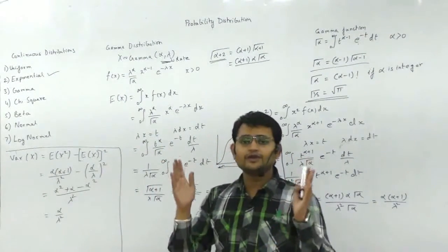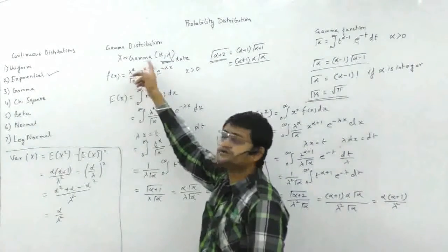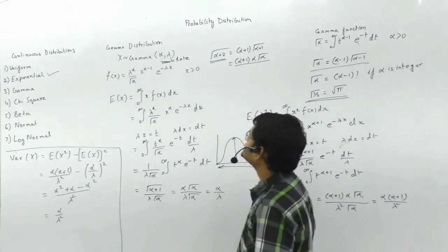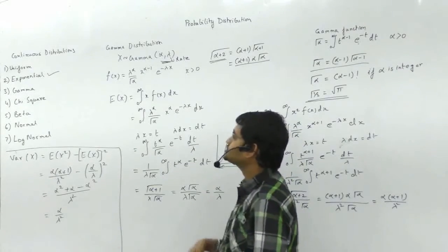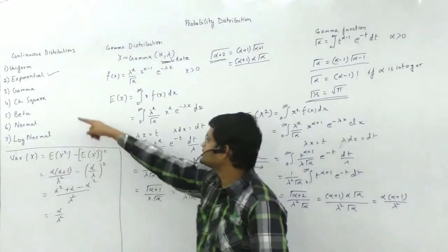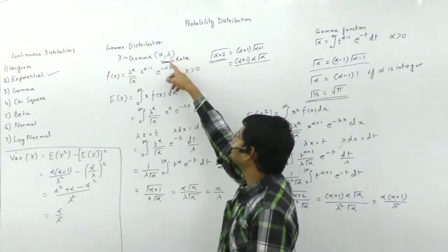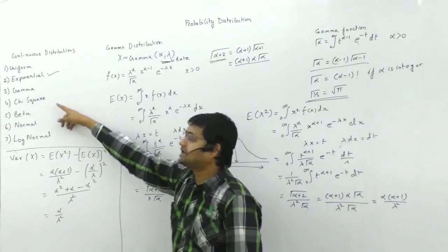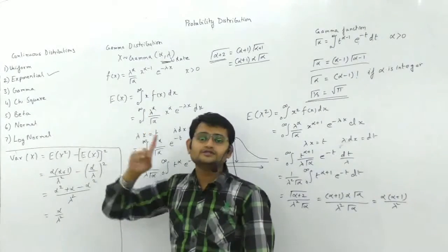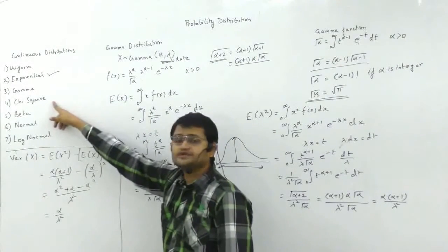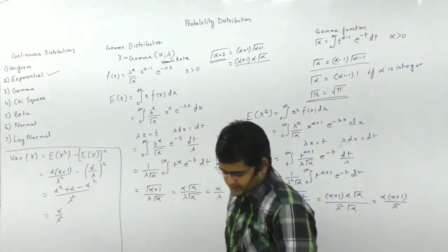Whenever we are making tables, it becomes very difficult if we have three things that are varying. So basically what we did was we changed this gamma distribution to another distribution that is nothing but chi-square distribution, and we change it in such a way that it turns into one single parameter. We are going to see that when we study chi-square distribution next.